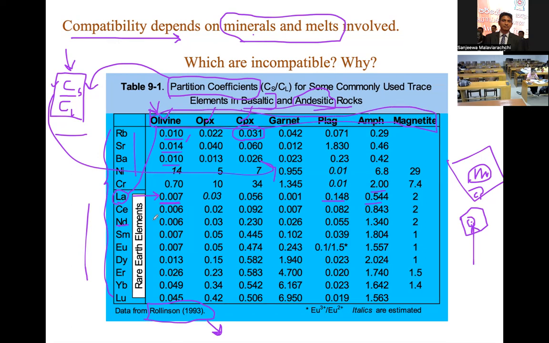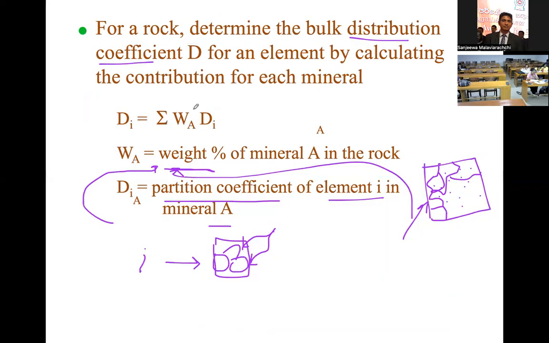So in that case, you need to know the partition coefficient of neodymium in olivine, in OPX, CPX, like that. Everything you need to know. Plus, you have to know the modal percentage of each mineral, right? Then you can make it a proportional summation and then find out the partition coefficient.